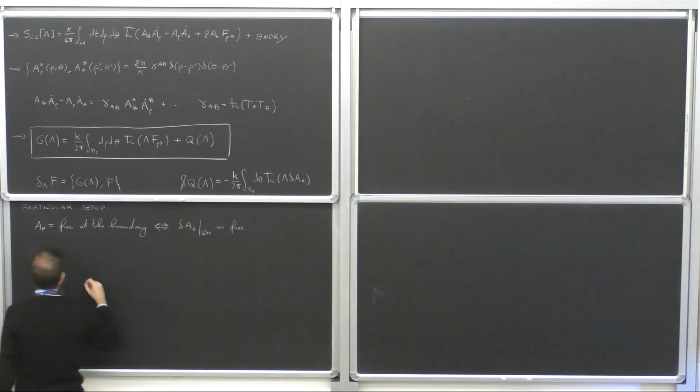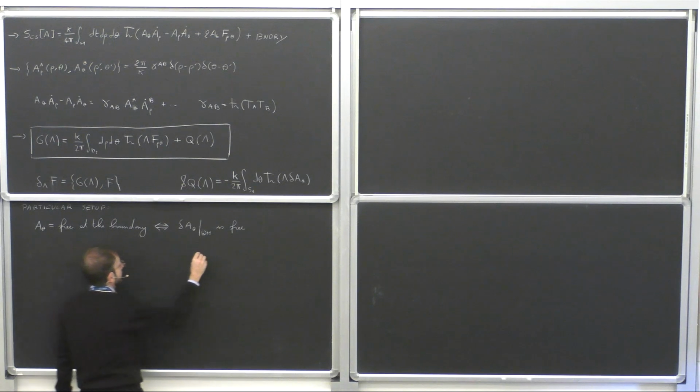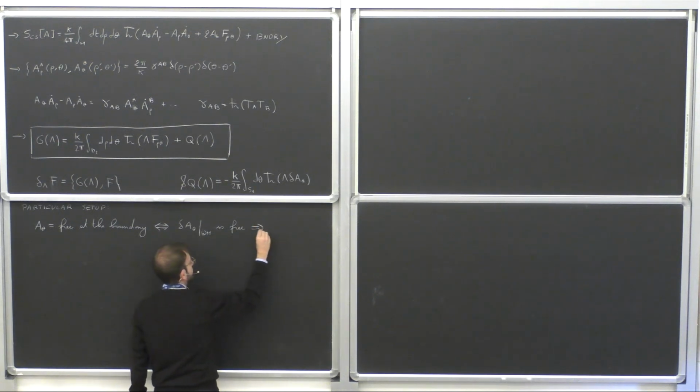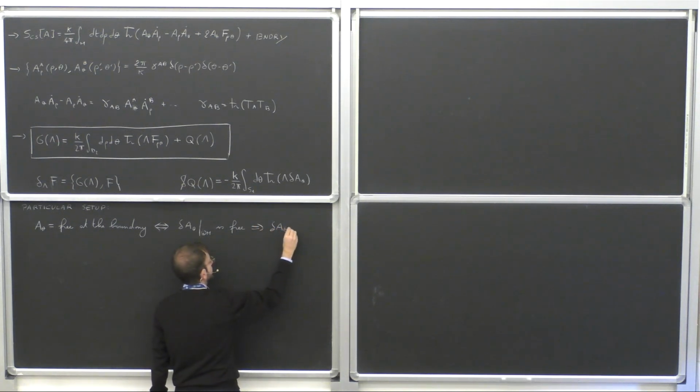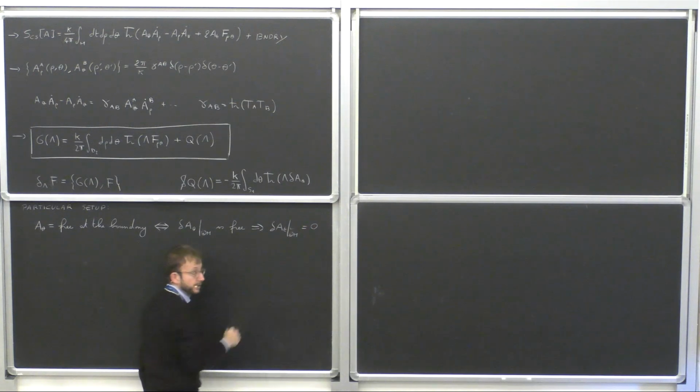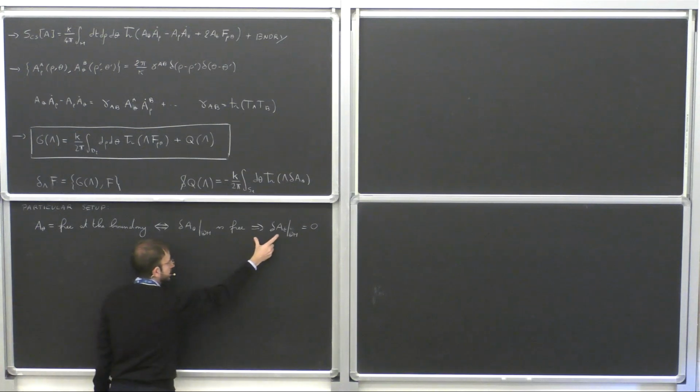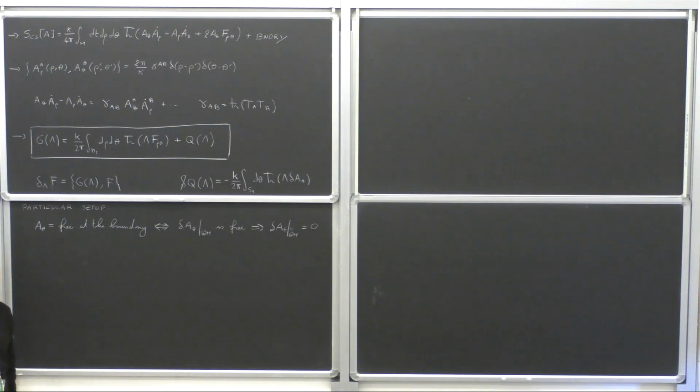A consequence of this choice is that delta A_t at the boundary must be equal to 0. We discussed this, otherwise my action principle is not well defined, because I have to fix, so these are sort of Dirichlet boundary conditions, half of the variables that I have at the boundary. So these are my boundary conditions.